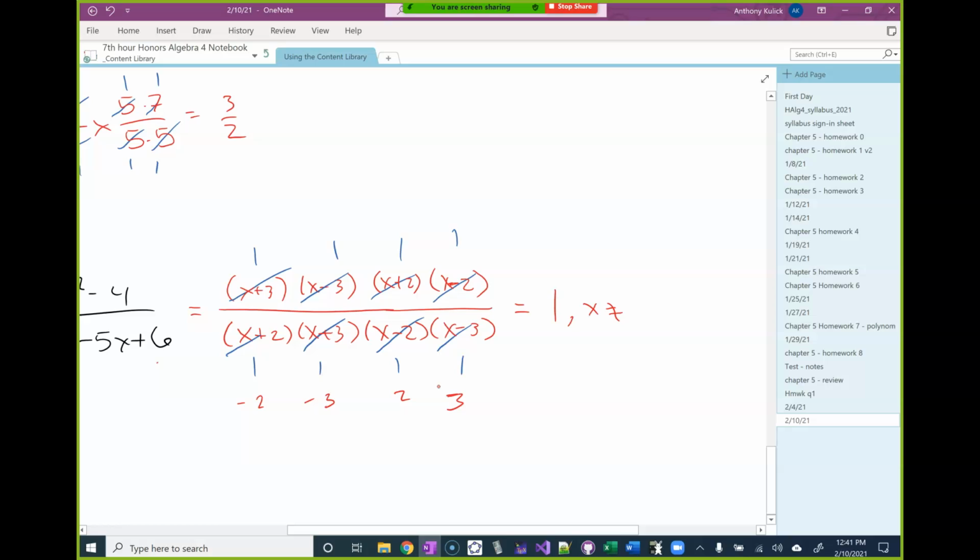Negative 2, negative 3, positive 2, positive 3. I'm just going to write it as plus and minuses, though. We okay with that?